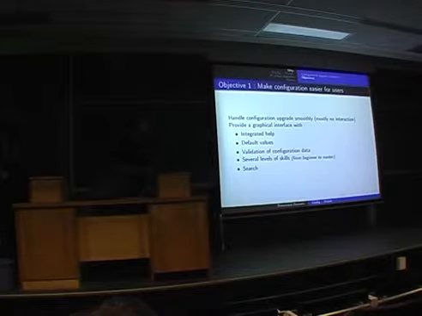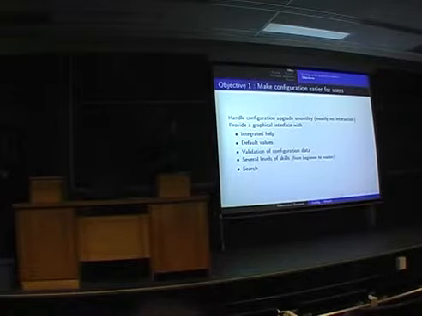So I provide a graphical interface with integrated help, meaningful default values, validation, semantic validation of configuration data, even if there are relationships between parameters. Several levels of skills, like on the Xen configuration interface, where you can be a beginner or up to master of the universe. So I was more modest, it's just beginner to master.